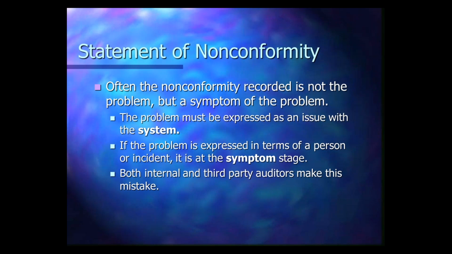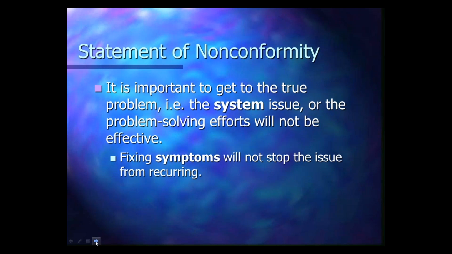And I see both internal auditors and third-party auditors making this mistake. You want to help the problem-solving team get to the true problem, i.e. the systemic issue, or the problem-solving efforts will not be effective. Fixing symptoms will not stop the issue from recurring.